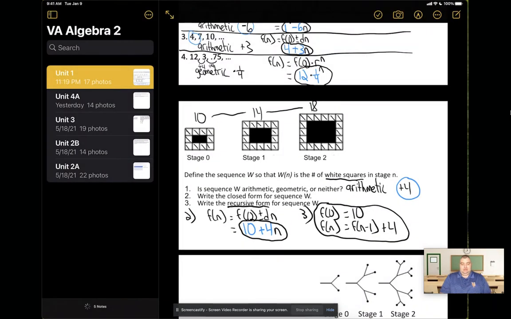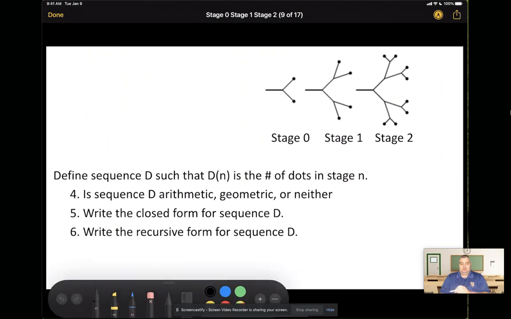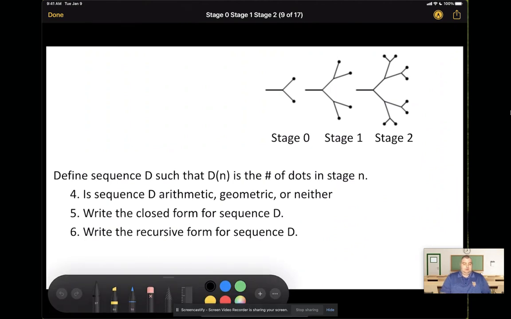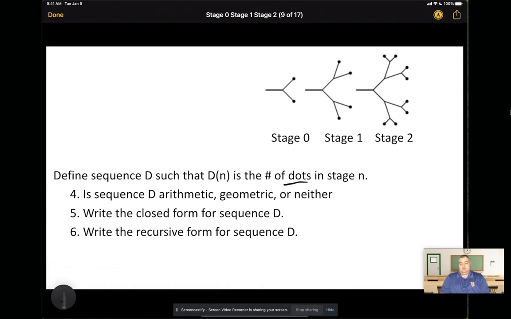Let's take a look at the second group of examples here. So in this one, define sequence D such that D of n is the number of dots in stage n. So let's do the same thing that we did in the previous set of examples. So we start off with 1, 2 dots in stage 0.